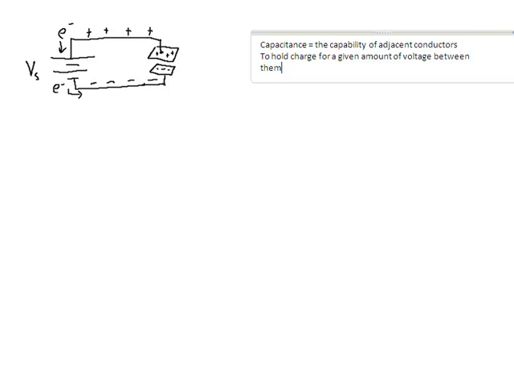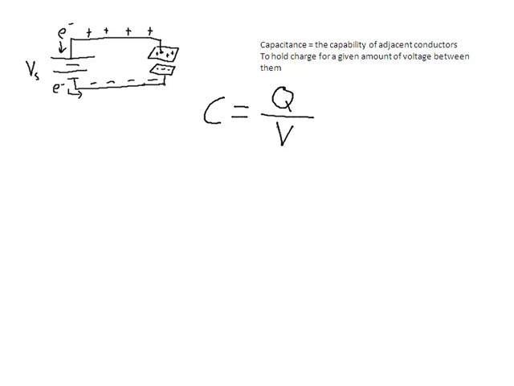That's fundamentally what capacitance is, and we can formalize this in the form of an equation. Capacitance, C, is the capability to hold a certain amount of charge, Q, for a given voltage.